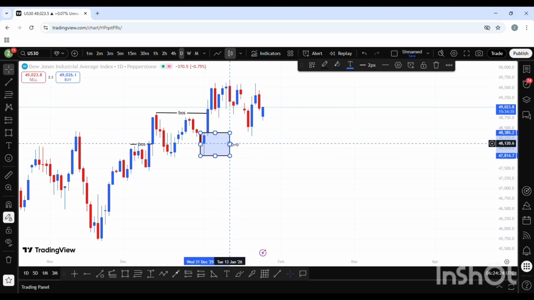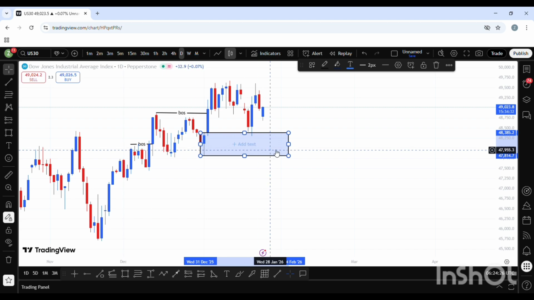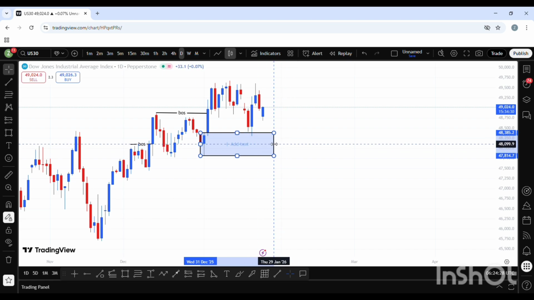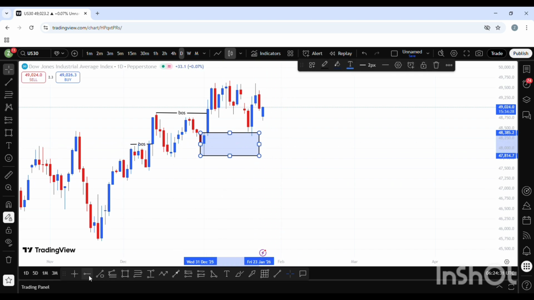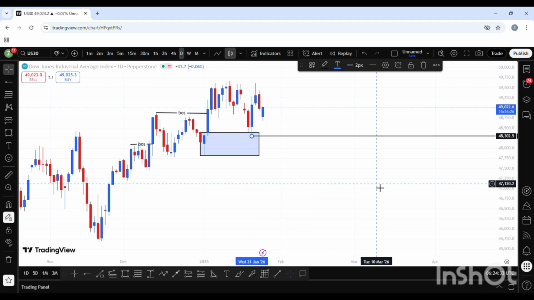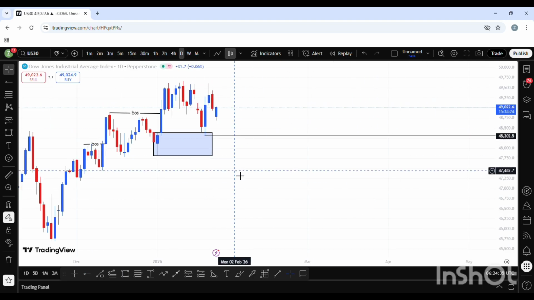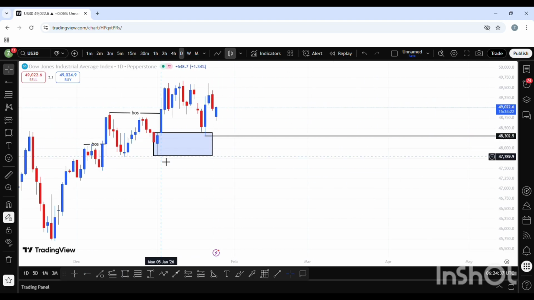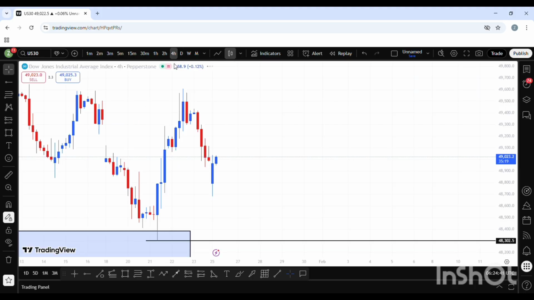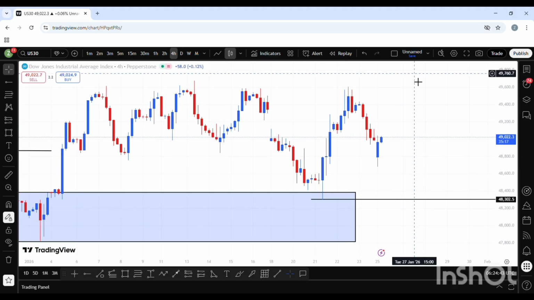We have pairs that react from order block. Other pairs react from fair value gap. So it's up to you to identify, to backtest your pair and get to know where your pair reacts from, okay? So let's go down to 4 hours.